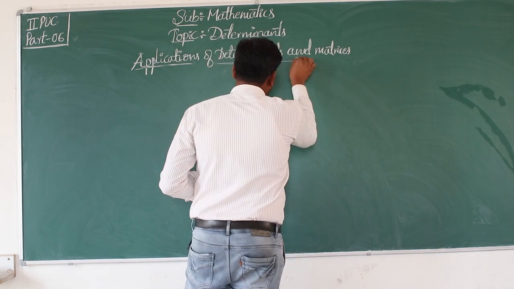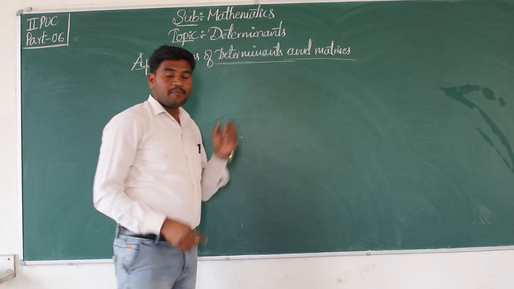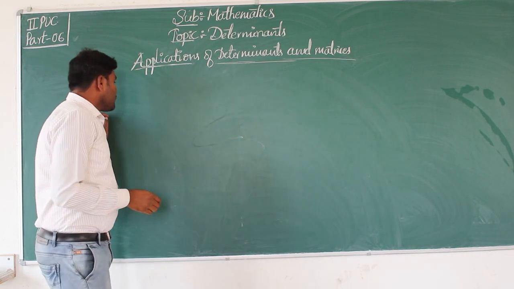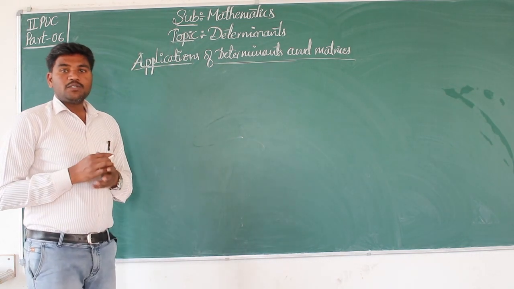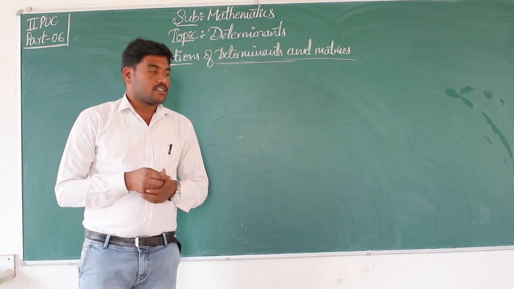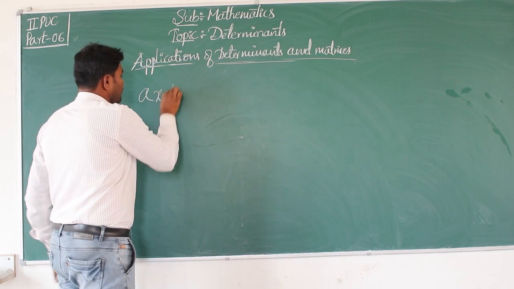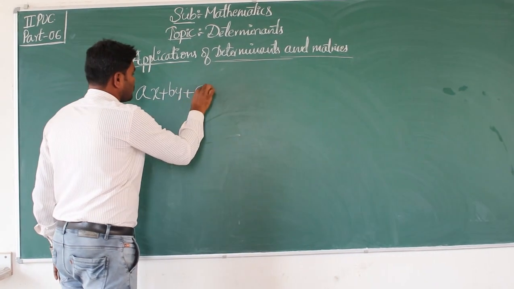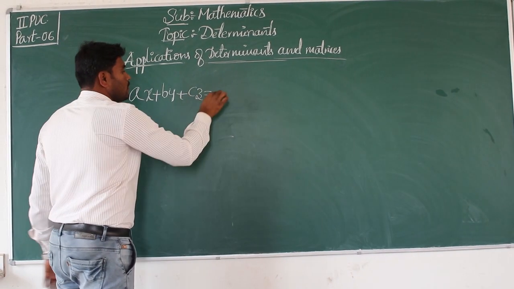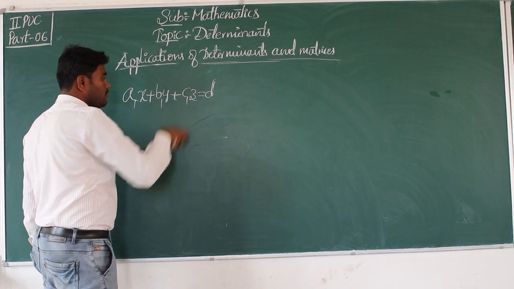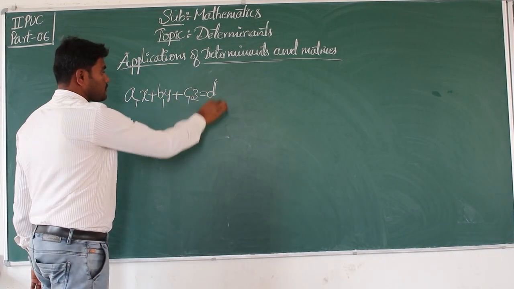So what is the main application of these determinants and matrices? A major application is that it makes it very easy to solve a system of linear equations. Suppose a system of equations is ax plus by plus cz is equal to d, like this, a1x plus b1y plus c1z is equal to d1.